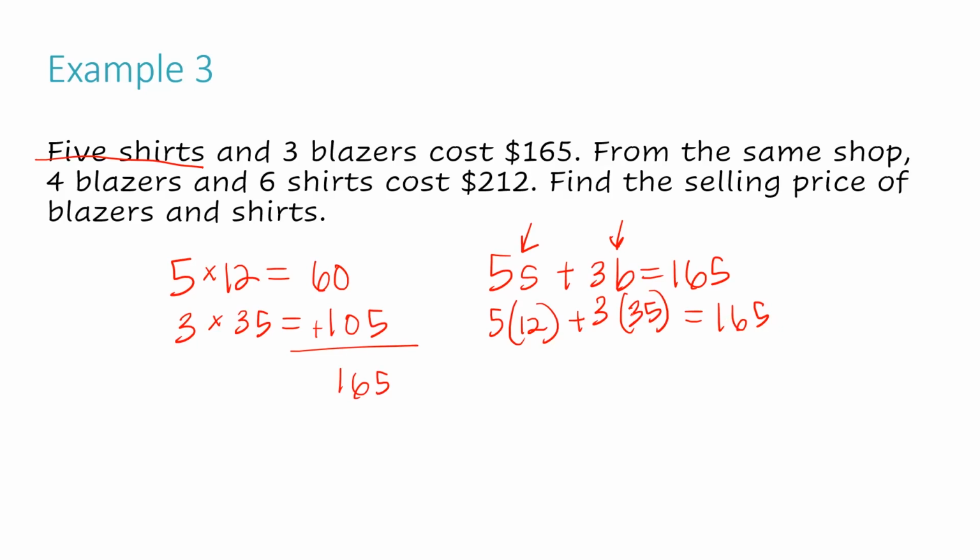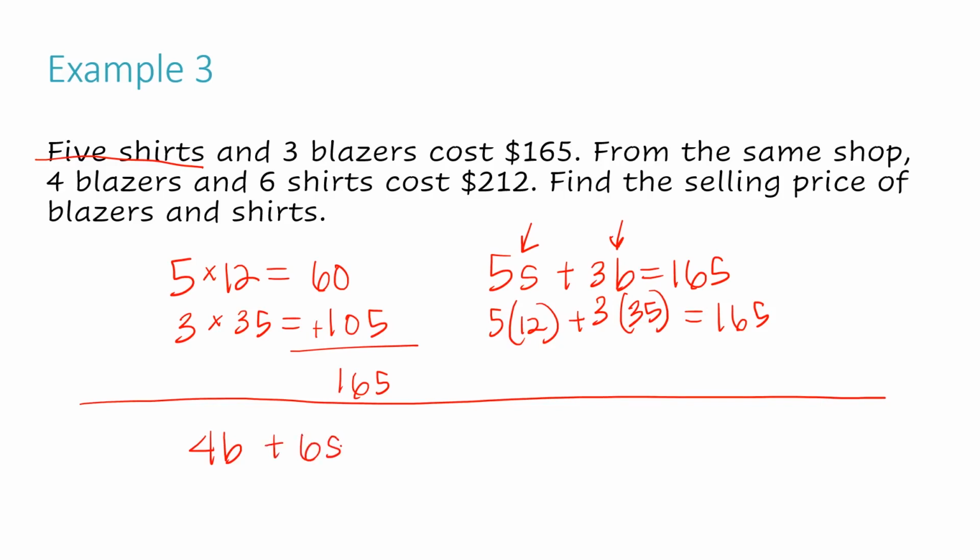This makes sense. Now, from the same shop, you could have bought 4 blazers and 6 shirts, and that would have cost $212. And that makes sense now that you know that 4 blazers means you're gonna pay $35 4 times plus 6 shirts, which means you're gonna pay $12 6 times, would give you $212, okay?